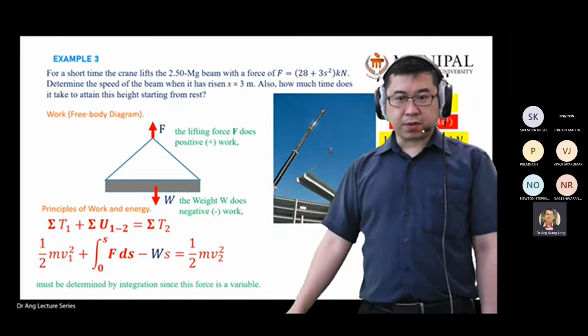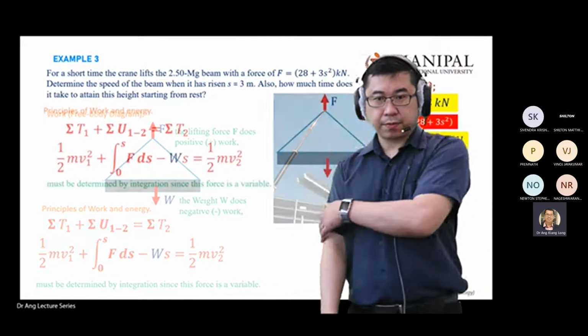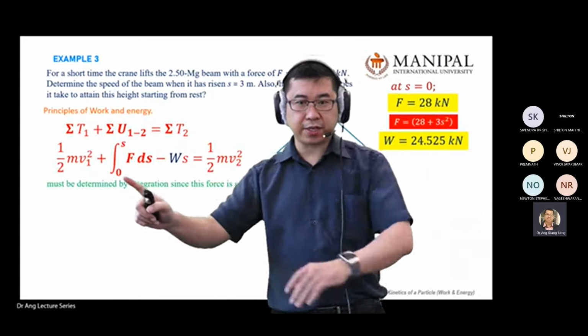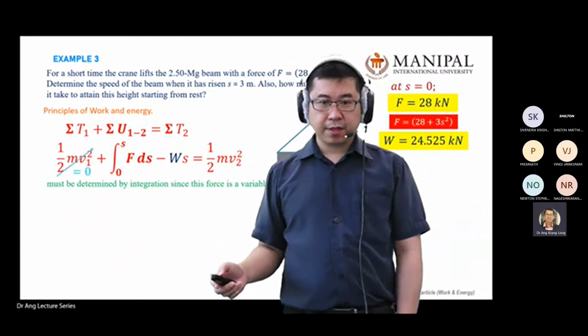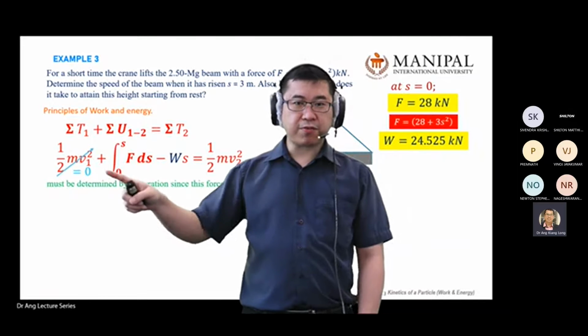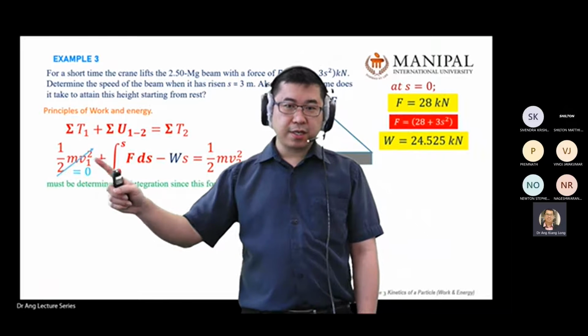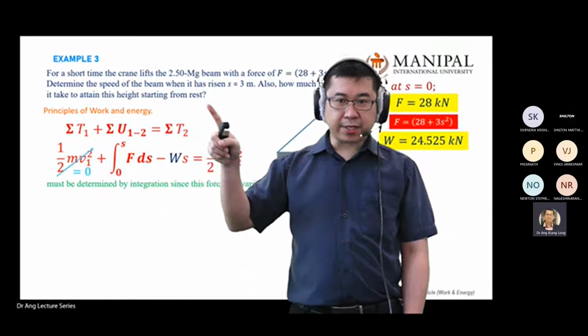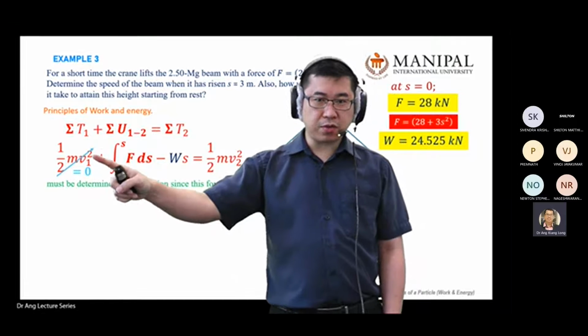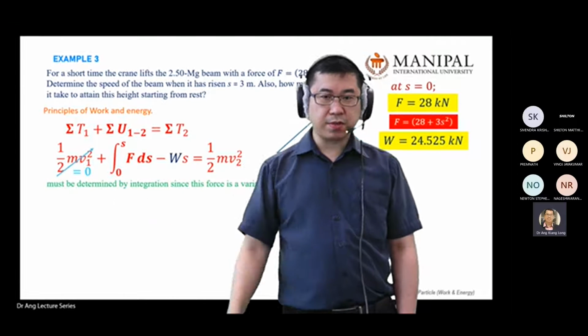Again, here involves some integration skill. All right, so just now, our friend already helped us to solve the first equation here. You start from rest, so v1 is 0. So basically this one equals 0.